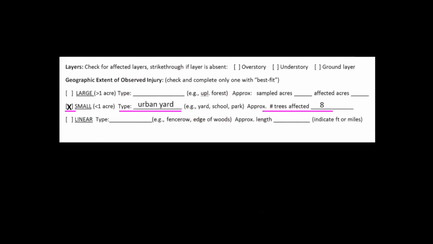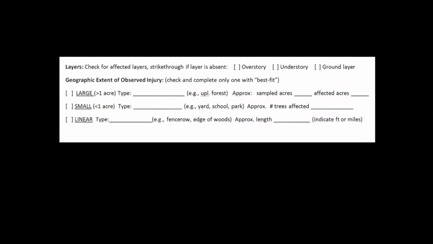Pretty simple. Okay, and then the kind of information that we would be asking for linear habitats would be pretty much the same. Now you may say, well, edge of woods and fence row, you just told us not to sample in areas like that, and that's true if those sites are potentially affected by these root uptake zones. However, you might have a fence row in a park, or you might have a fence row in a pasture land, for example, in which case you might not have that worry.